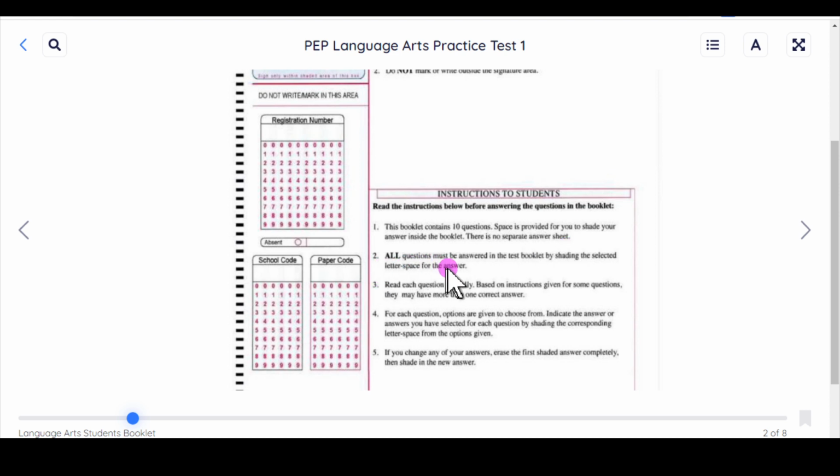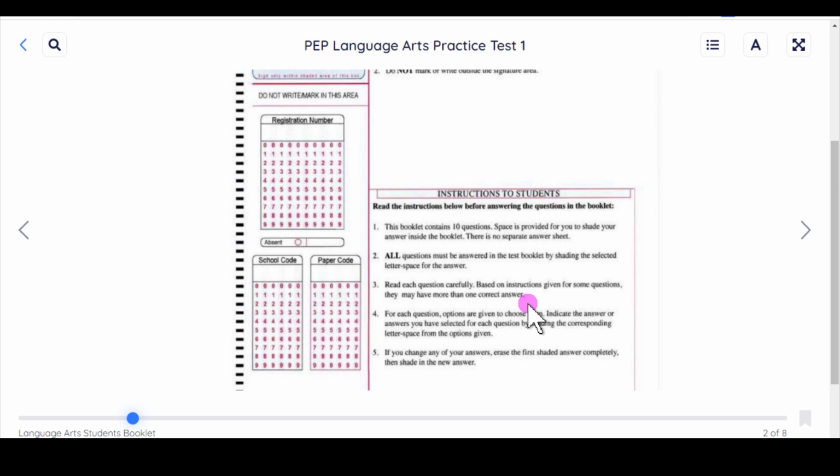2, all questions must be answered in this booklet by shading the selected letter space for the answer. 3, read each question carefully, and based on instructions given, for some questions, they may have more than one correct answer. So pay attention.